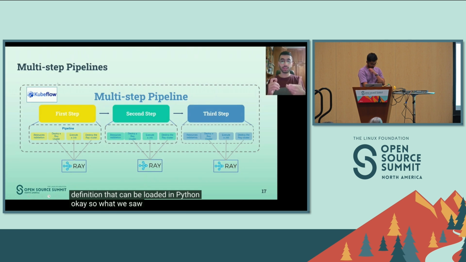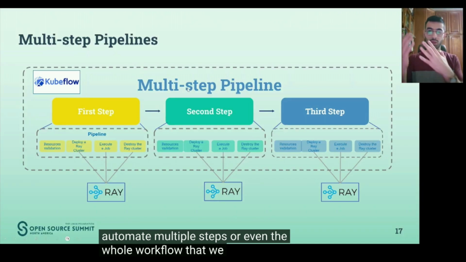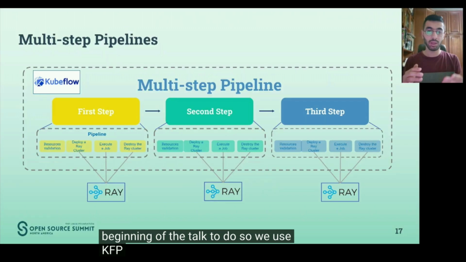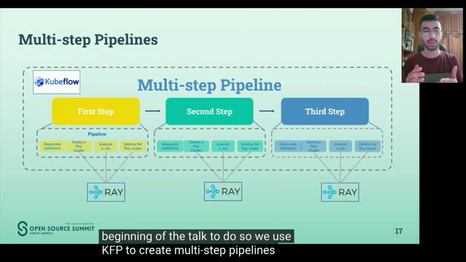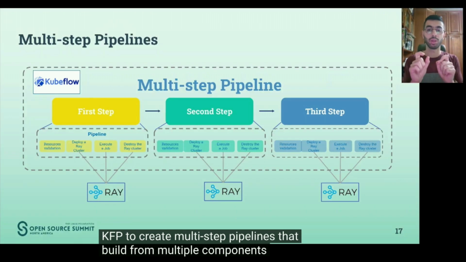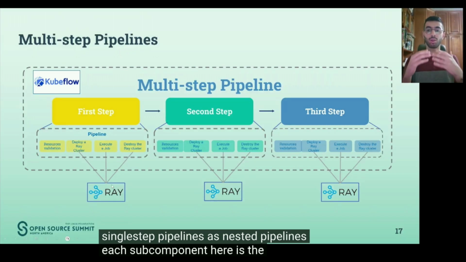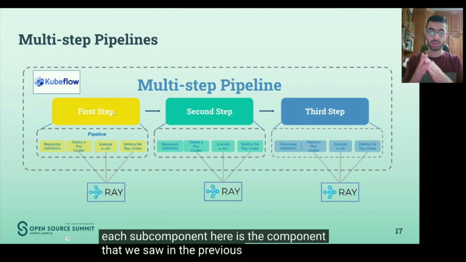Okay, so what we saw until now is a single step pipeline that implements a single data processing step. However, what we aim to do is to automate multiple steps, or even the whole workflow that we saw in the beginning of the talk. To do so, we use KFP to create multi-step pipelines built from multiple single-step pipeline components as nested pipelines. Each subcomponent here is the component that we saw in the previous slide.